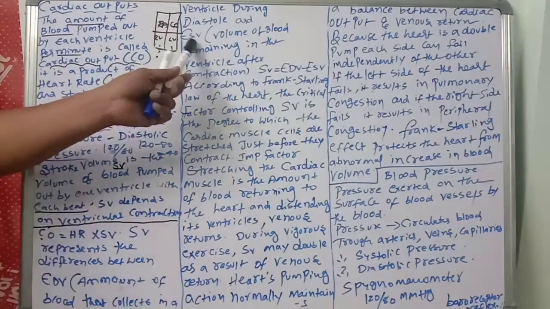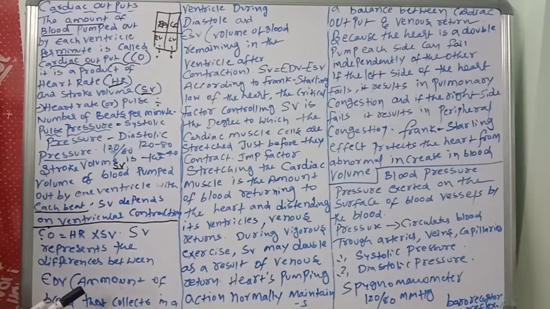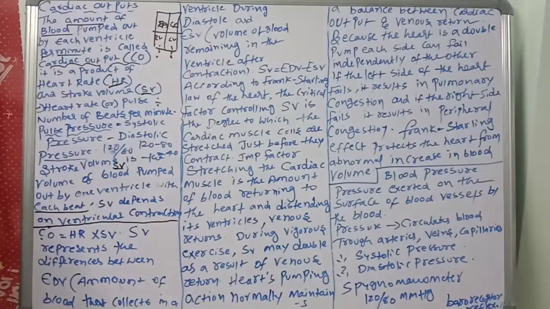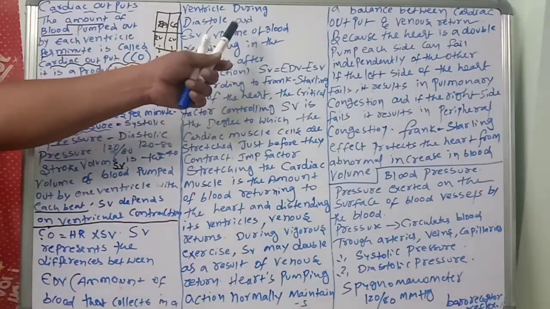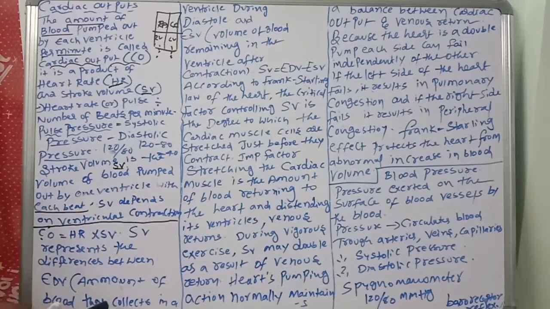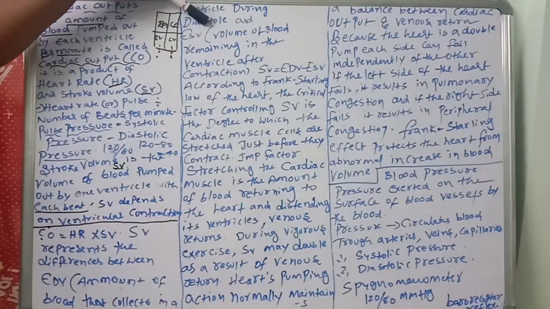What is EDV? It is the amount of blood that collects in a ventricle during diastole.